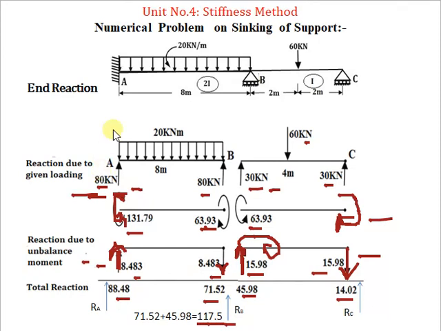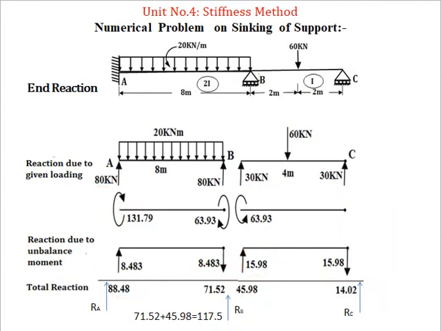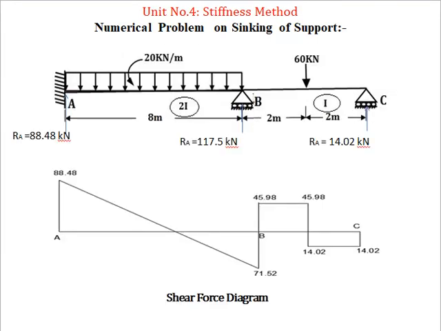Now from this, let's draw the shear force diagram. So at A, there is a reaction in upward direction, 88.48 kilonewton. So it will move up. Now there is a UDL, so 20 into 8.